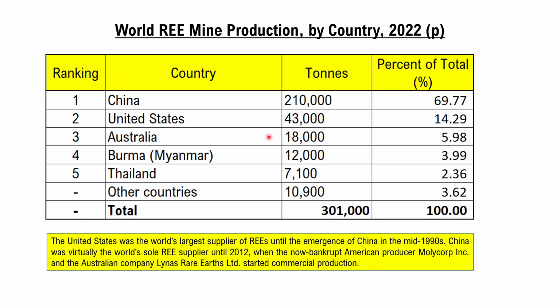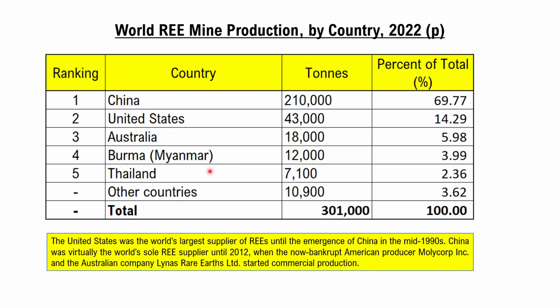The third rank was that of Australia, producing 18,000 tons of REEs, equal to 6% of the total production. At number 4 is Myanmar, that is Burma, producing 12,000 tons of REEs, consisting of 4% of the total mining production.